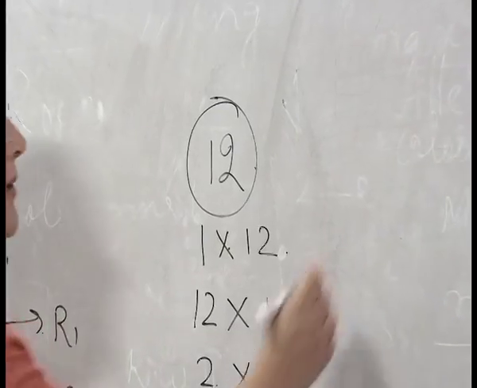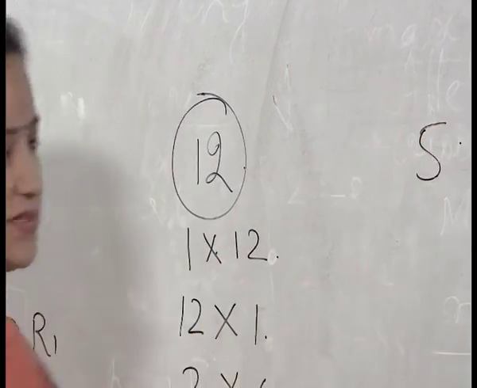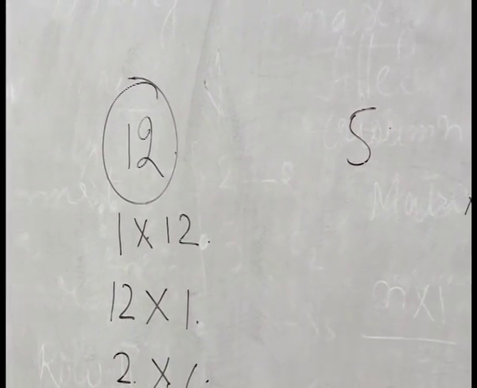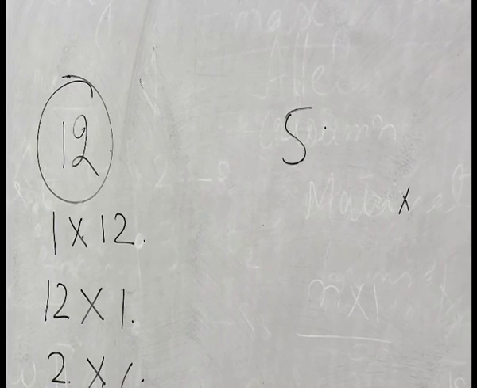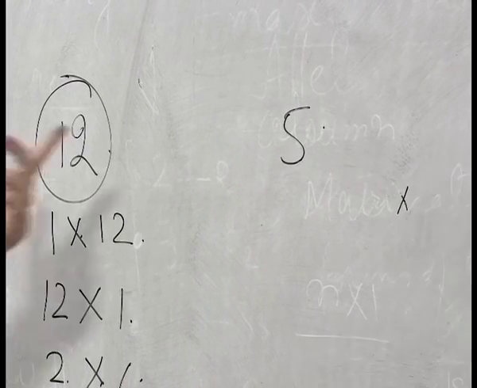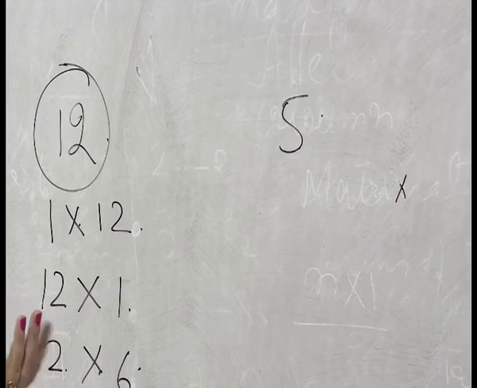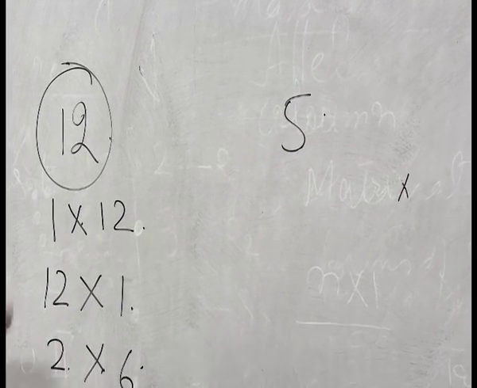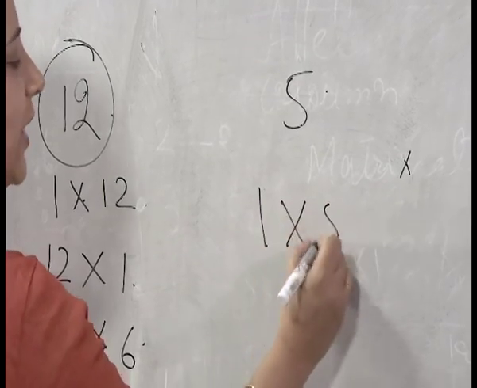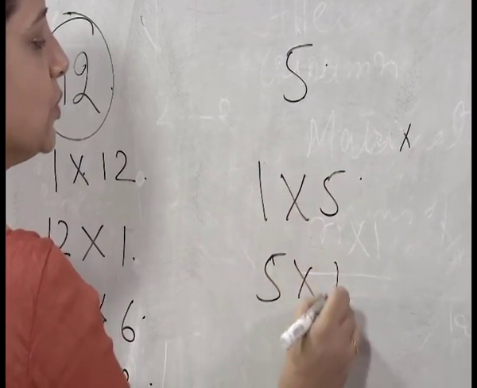Now if a matrix has 5 elements, what are the possible orders it can have? Because you know that 5 is a prime number, it will have only 2 factors, 1 and itself. So 1 into 5 and 5 into 1.